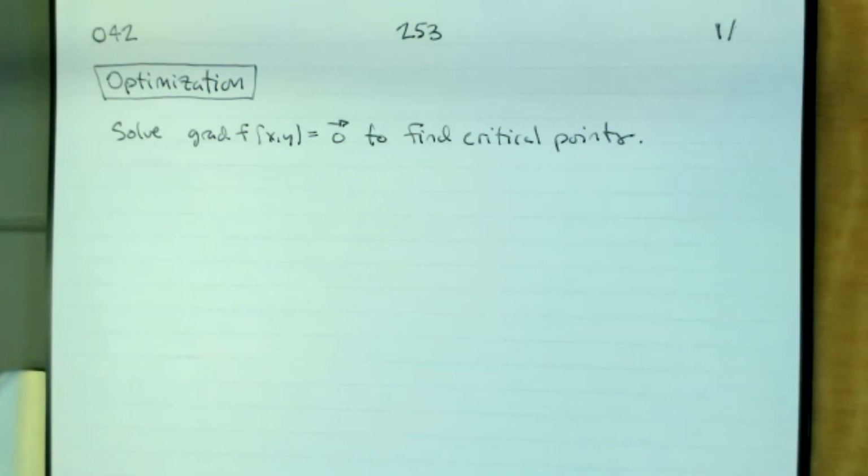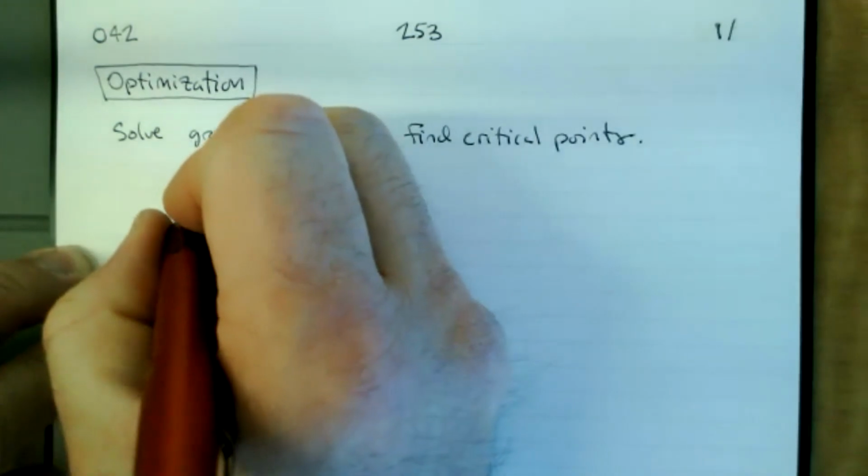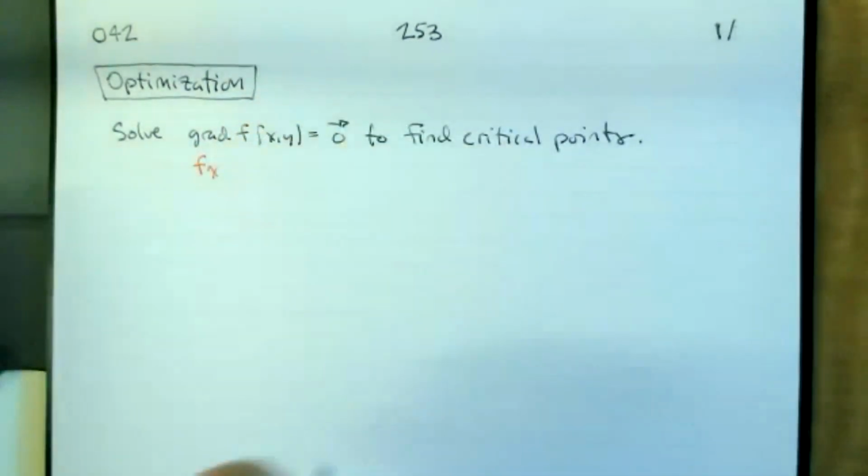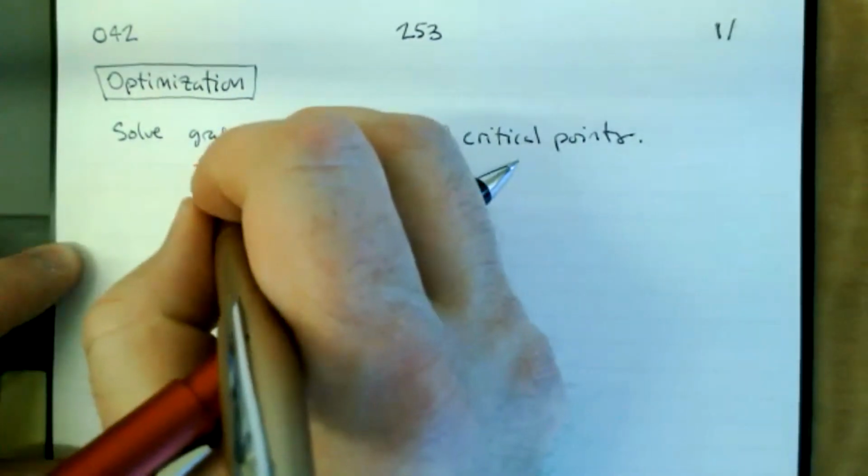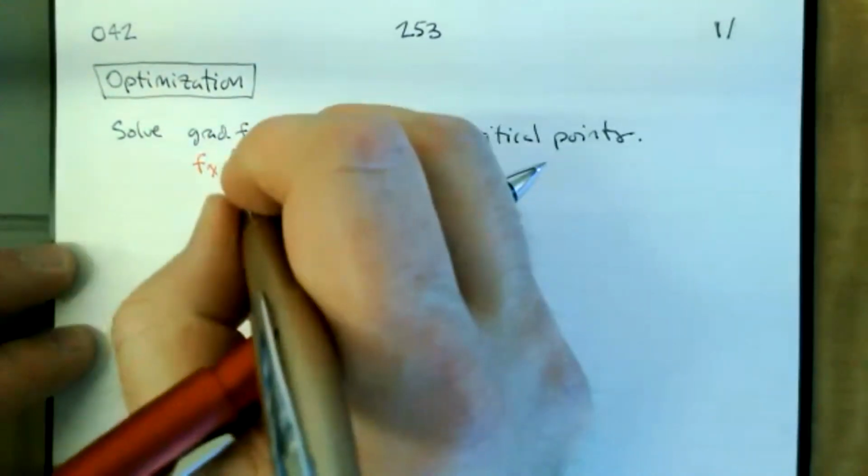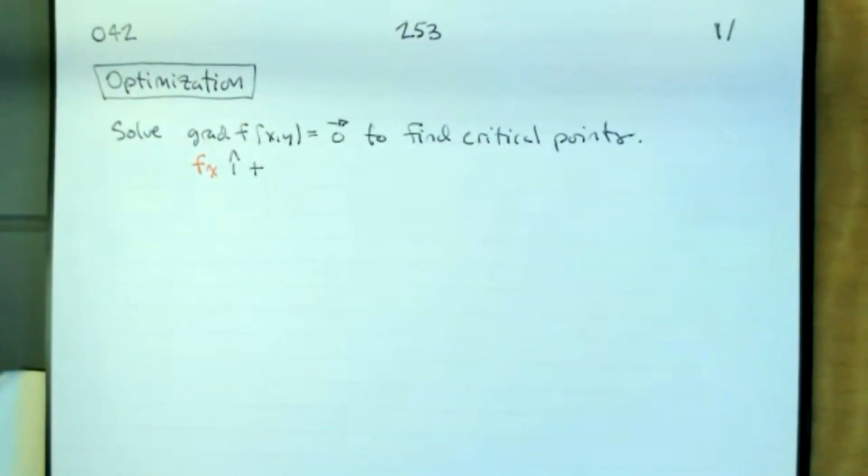The gradient of f is the x derivative in the i direction and the derivative with respect to y in the j direction.